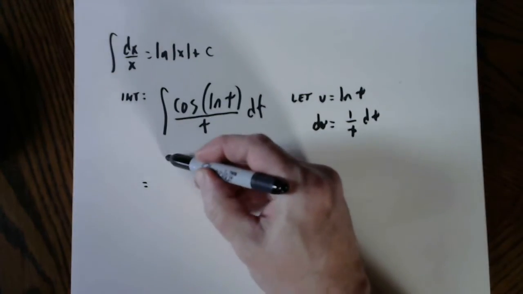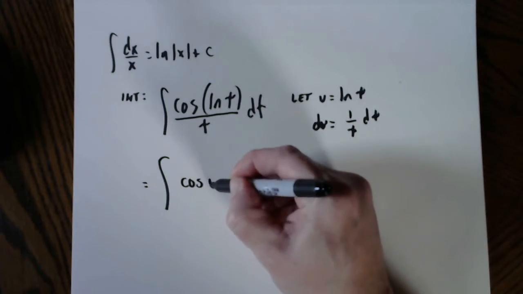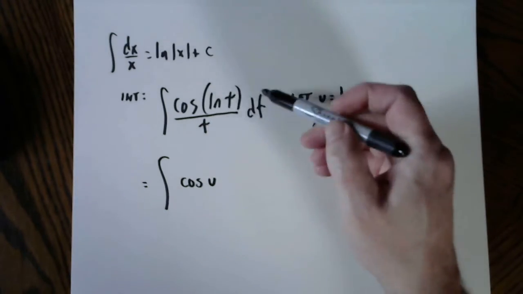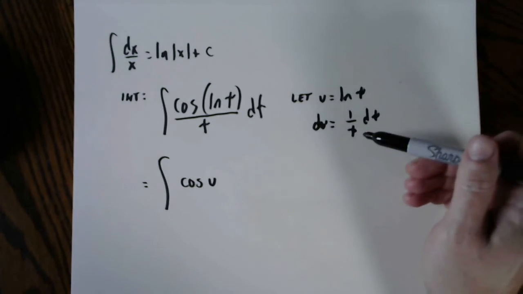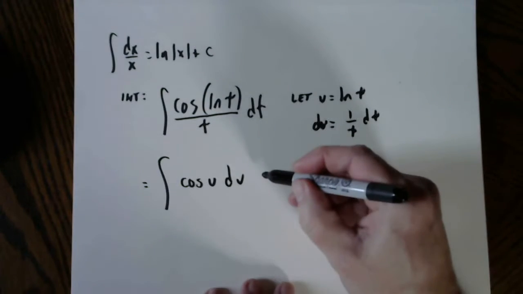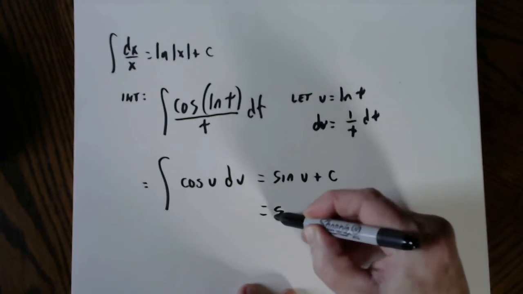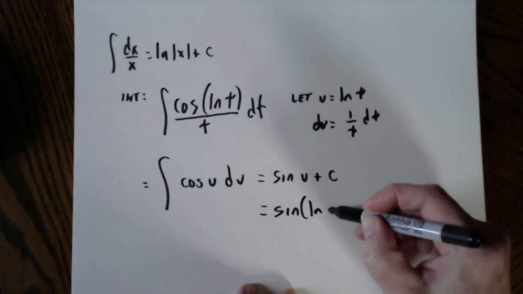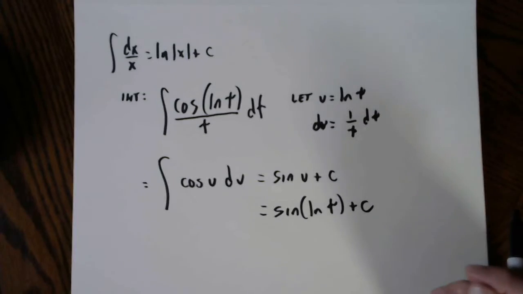So I can write cosine of u. So this is taken care of. And now I have 1 over t dt remaining to substitute out. That's simply equal to du. Okay, so this will be sine u plus c, sine ln t plus c. Okay?